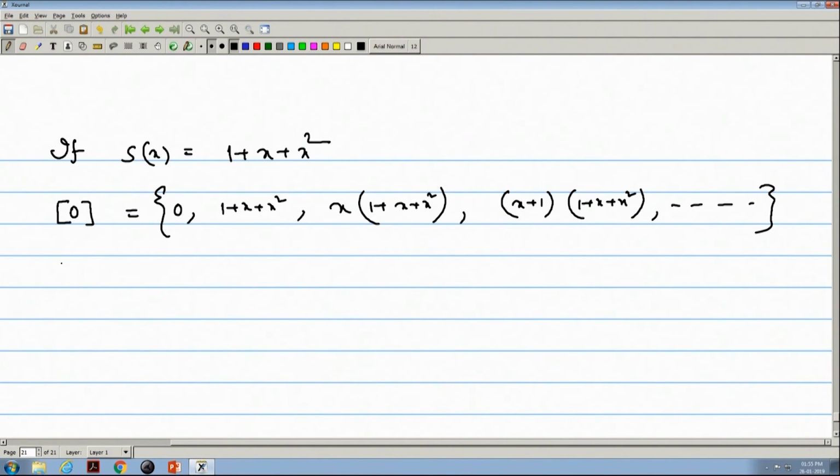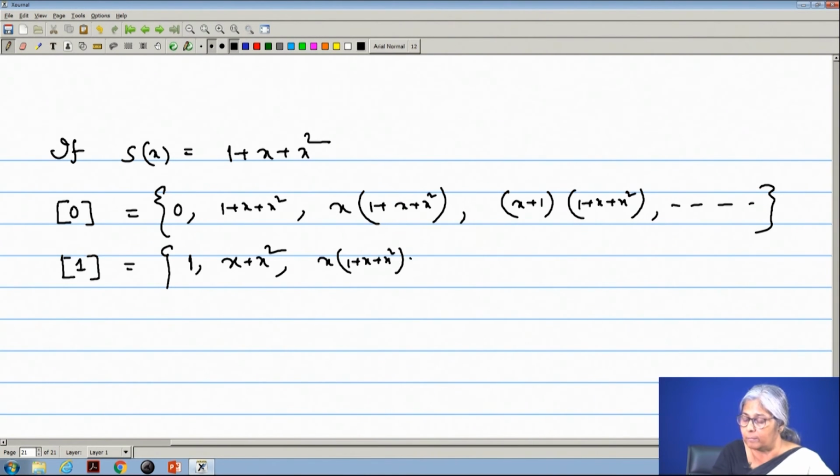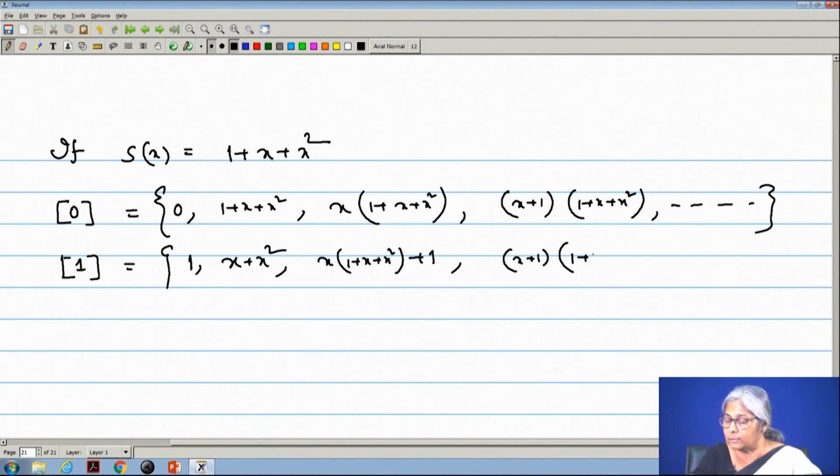Similarly, for 1, we have to add 1, just the way we have done. So 1, then 1 plus x square plus 1, x into 1 plus x square plus 1, then x plus 1 into 1 plus x square plus 1.